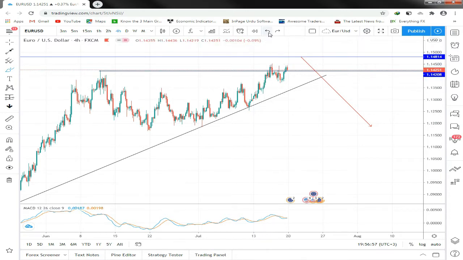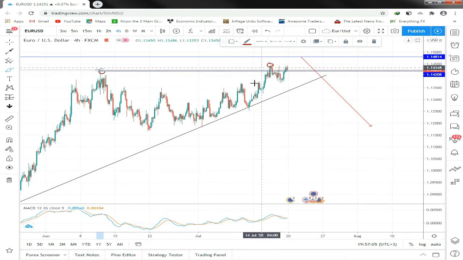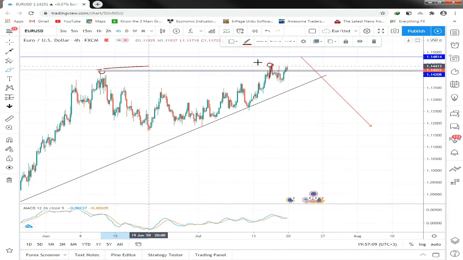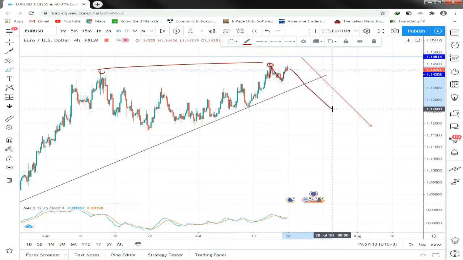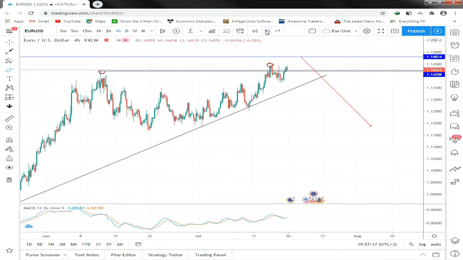And I also told you that we might see some new higher highs over this area, or price might break this to create another higher high before going further downwards. So price was moving as expected.